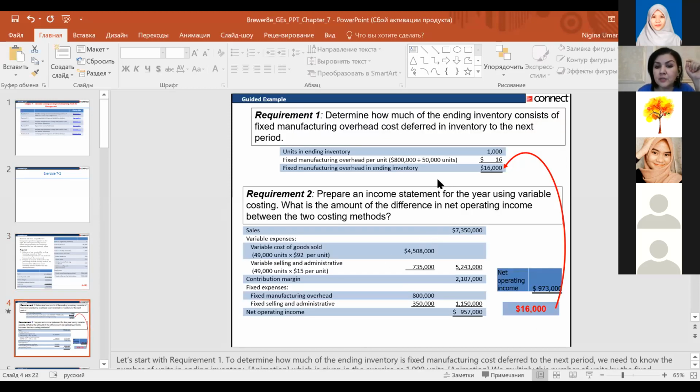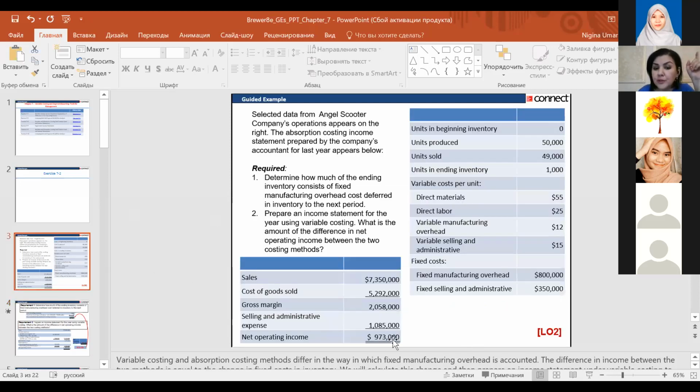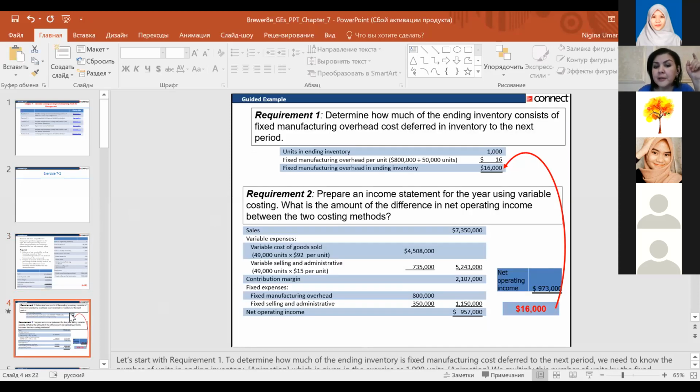But as far as this inventory is not sold still, that's why variable costing profit is lower than absorption costing profit, exactly by 16,000, right?